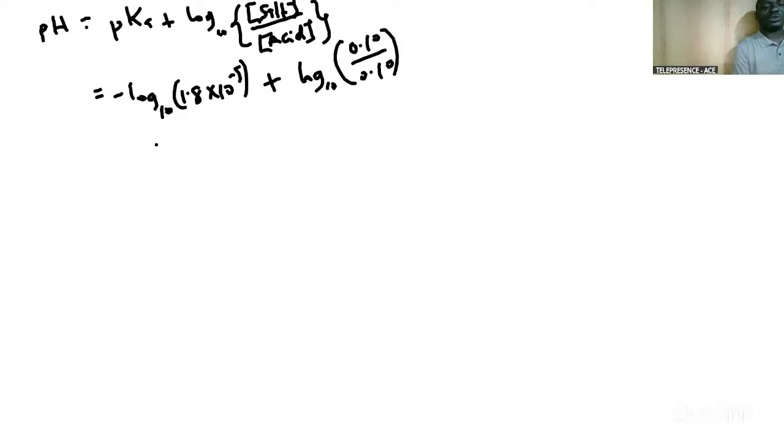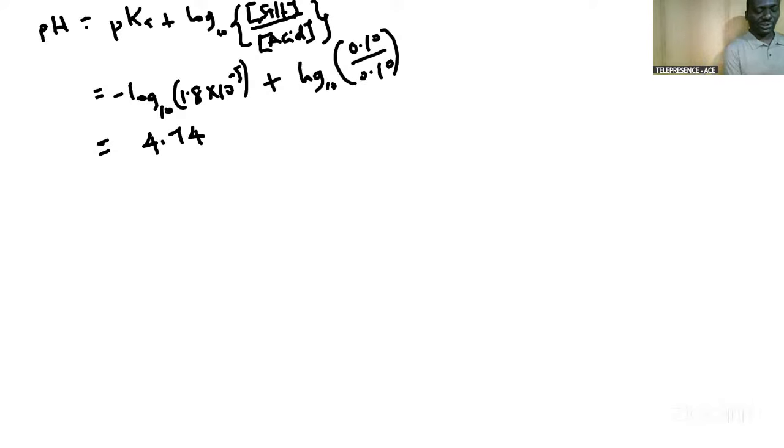Okay, and so this, if carefully done, will give a value of 4.74. You can press your calculator and join me to do that. 4.74. That's what the pH of the buffer solution is.